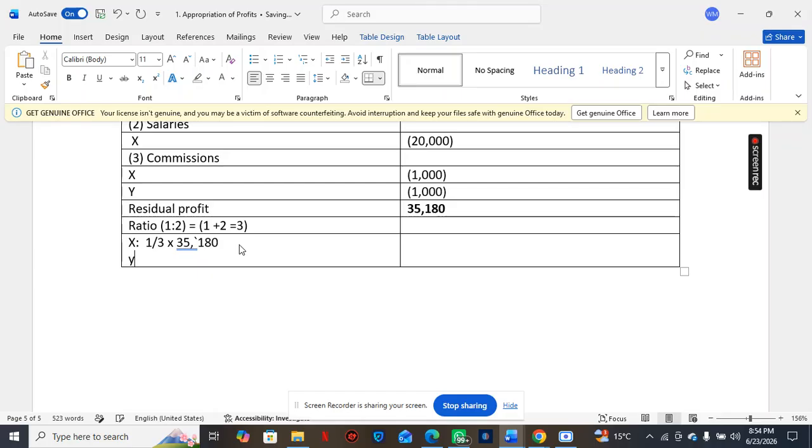Mr. Y is getting 2/3, so 2 over 3 multiplied by 35,108. So we're going to say 1/3 of 35,108.